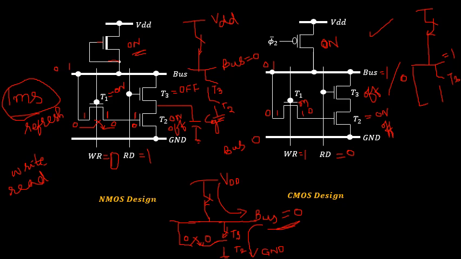Since the write signal is 1, transistor T1 is on. Since transistor T1 is on, it in turn turns on transistor T2 also, so this switch is also closed. I designate this as transistor T2, connected to the ground terminal. So I have the bus signal, and here it is closed.